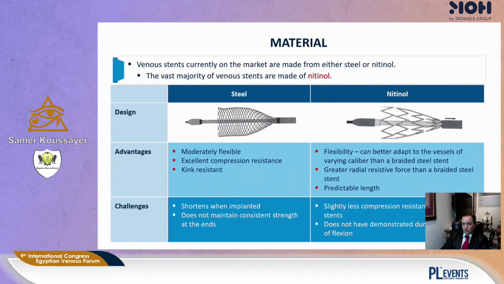It has greater resistant force than a braided steel and has a predictable length, so it does not shorten. So what is the disadvantage of nitinol? It's slightly less compression resistant than a braided stent and has not demonstrated durability in the area of flexion. These are the only two things. But in general, the majority of the stents we use are nitinol stents.